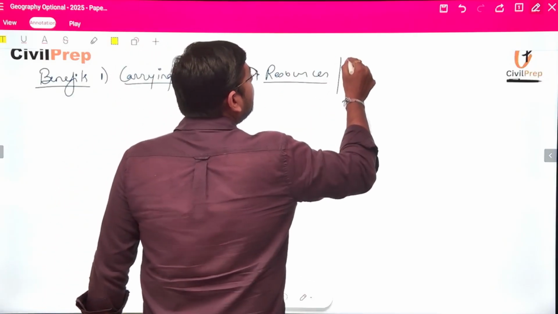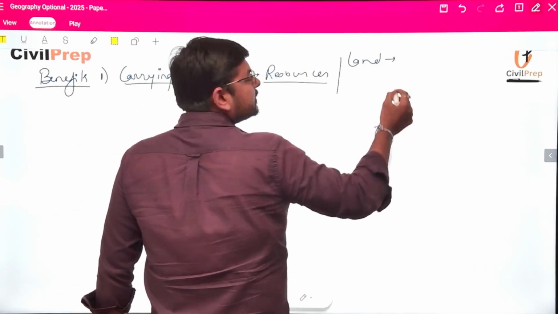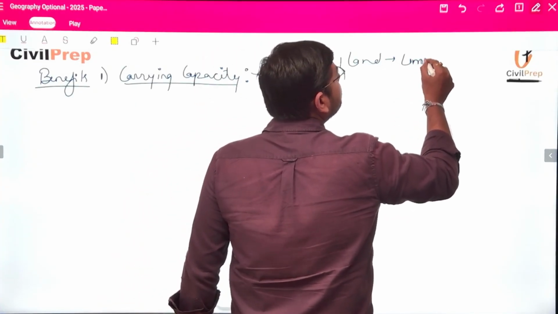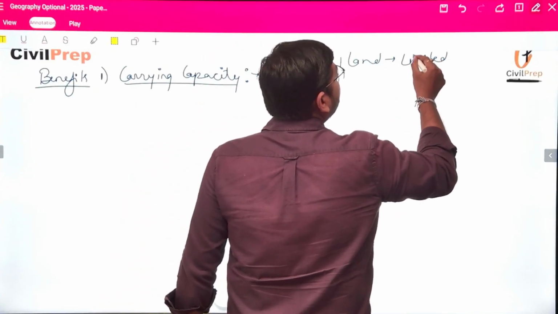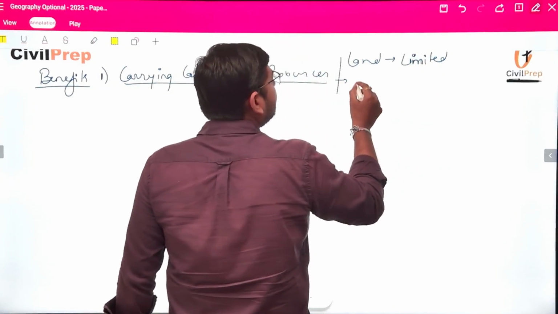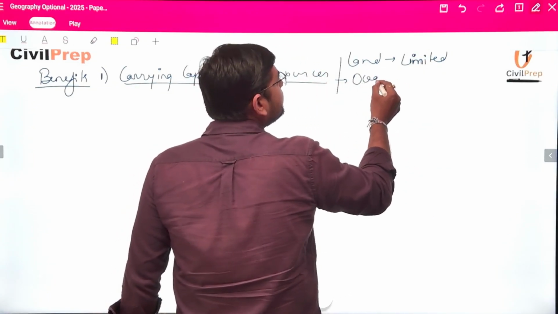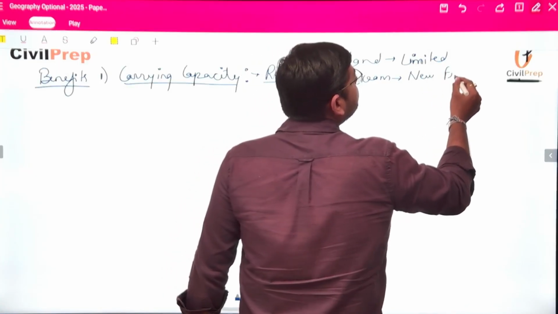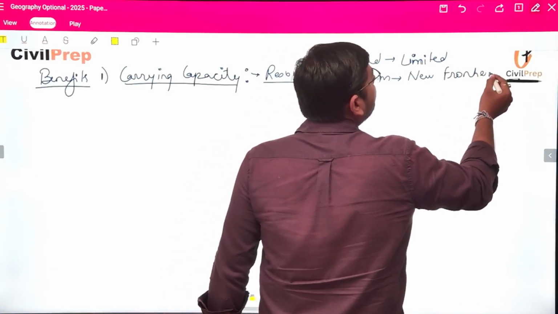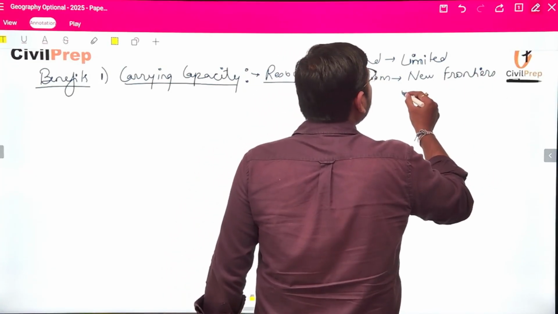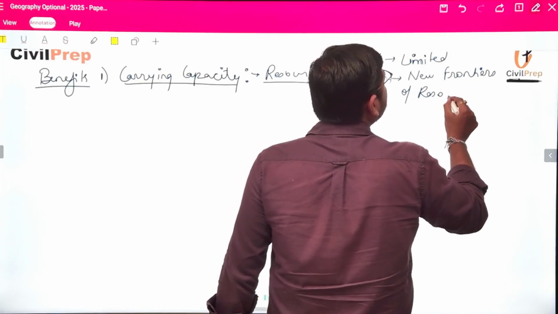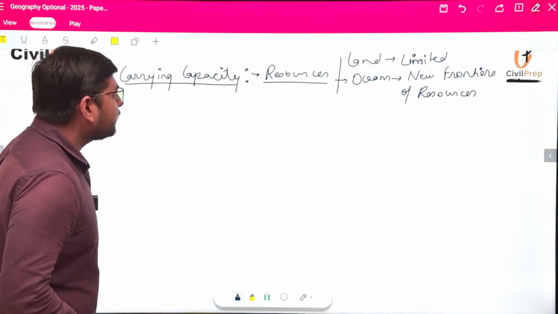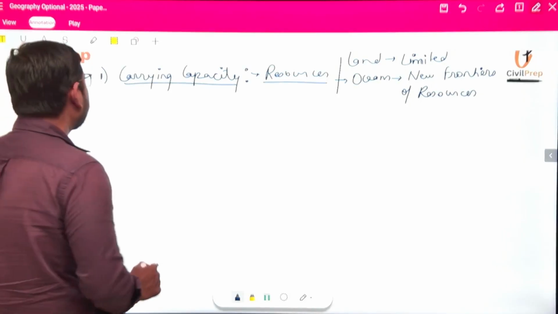Over the land, the resources are now limited. Therefore we are moving to the oceans as new frontiers of resources, because we need to increase our carrying capacity.